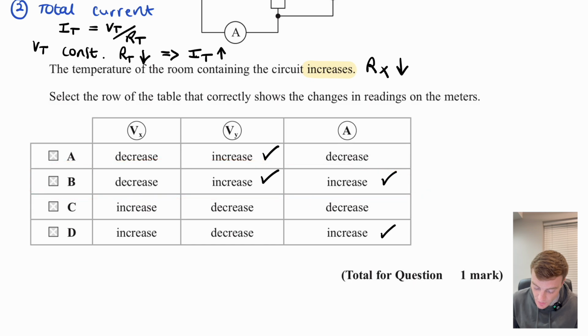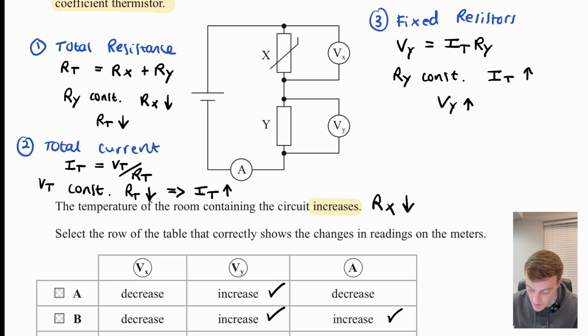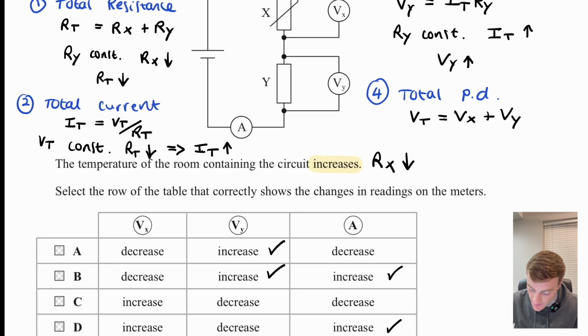But let's just double check because we haven't worked out VX. I could have made a mistake, so I'm going to double check. Let's go on to step 4. Total potential difference. Okay, I know that VT equals VX plus VY. I know that VT is constant because it's just the cell and we haven't changed the cell.